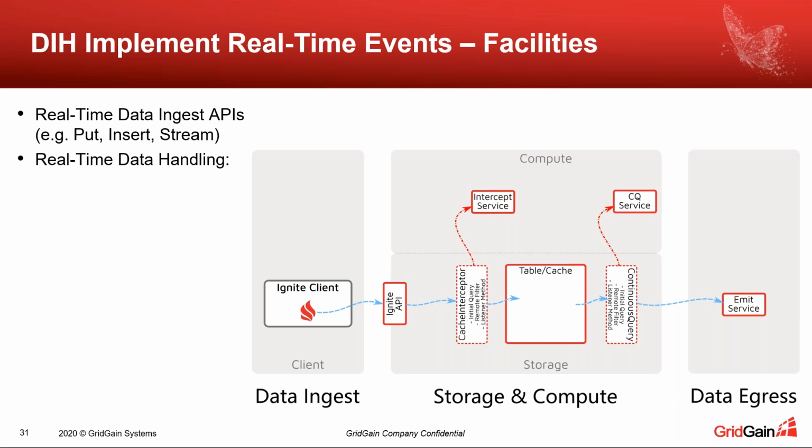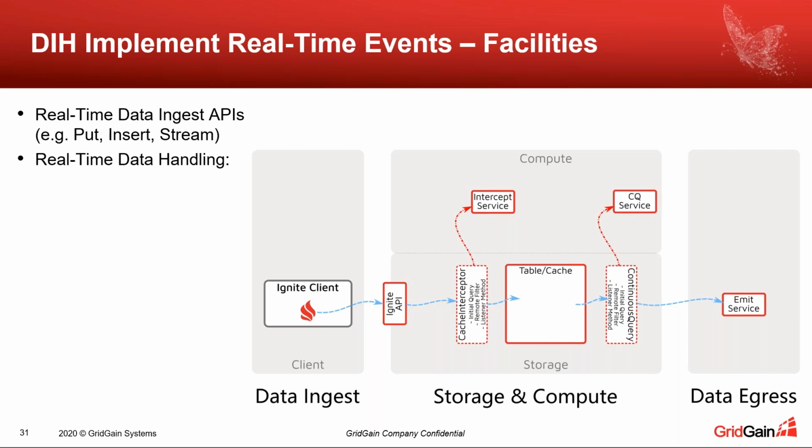One is the cache interceptor, and that's a pre-load, pre-put, pre-insert handling or alteration of inbound data. And why would I want to use the cache interceptor? Well, think about duplicate detection.